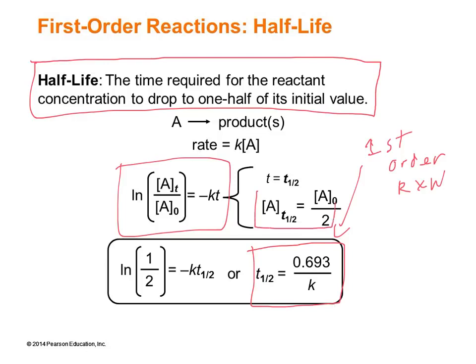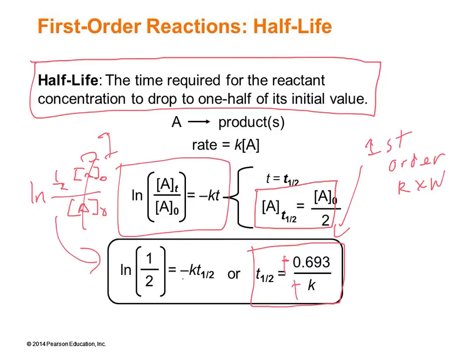the concentration at A sub t is 1/2 A sub 0. So you have the natural log of 1/2 of A sub 0 divided by A sub 0 equals the natural log of 1/2, because our A sub 0s have gone to 1, and the natural log of 1/2 is a negative 0.693, so you divide both sides by a negative k, which makes it positive, and you get 0.693 divided by k.